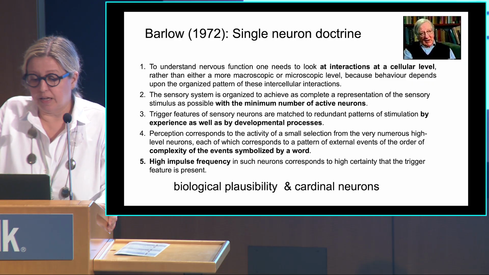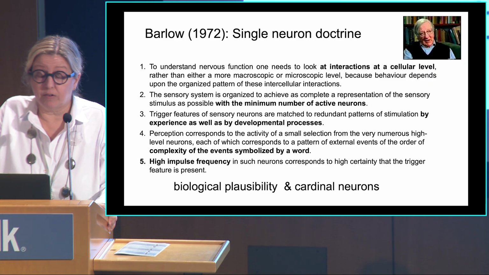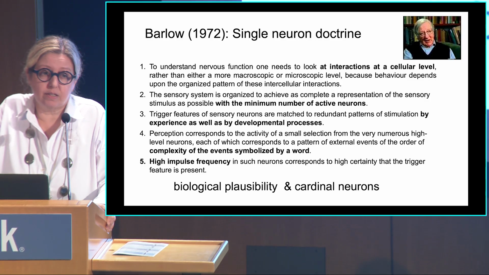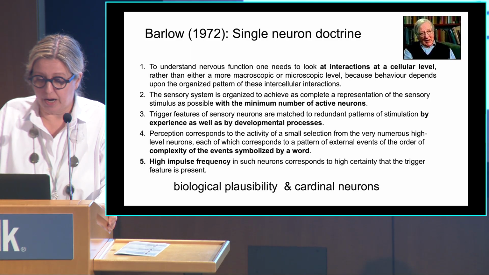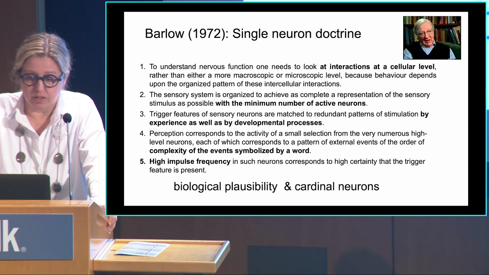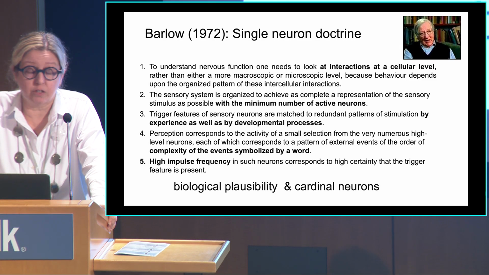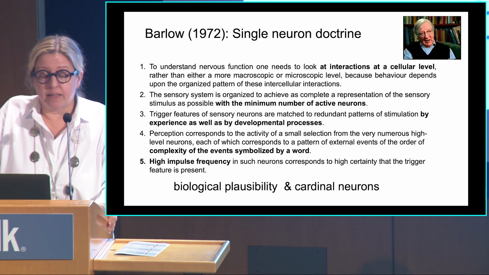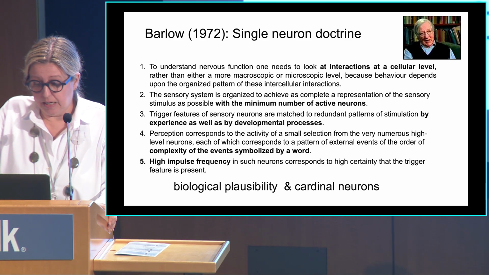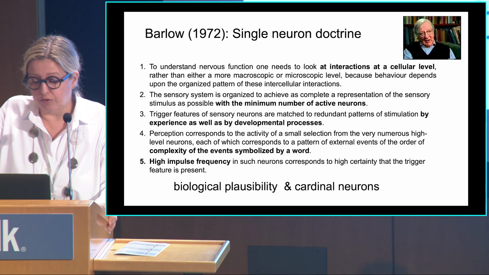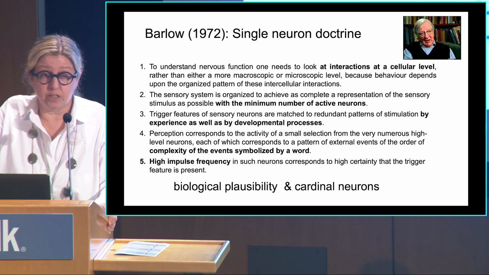So he postulated that if we want to understand nervous function, we need to look at the interaction at the cellular level, not more macroscopic or microscopic, because this is how you get signals across the brain, in these intercellular interactions. He postulated that the sensory system should achieve as complete a representation of the sensory stimulus as possible with a minimum number of active neurons, or sparse code, that these trigger features that are matched with patterns of the visual stimulation are shaped by experience and developmental processes.